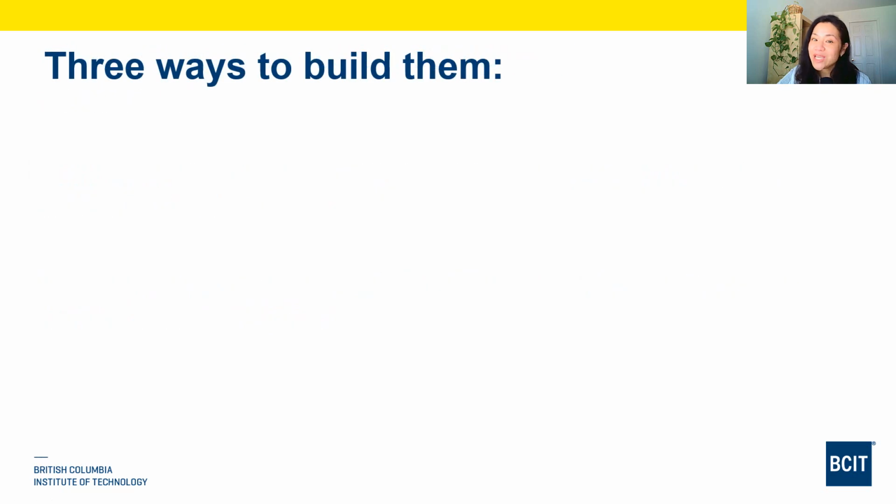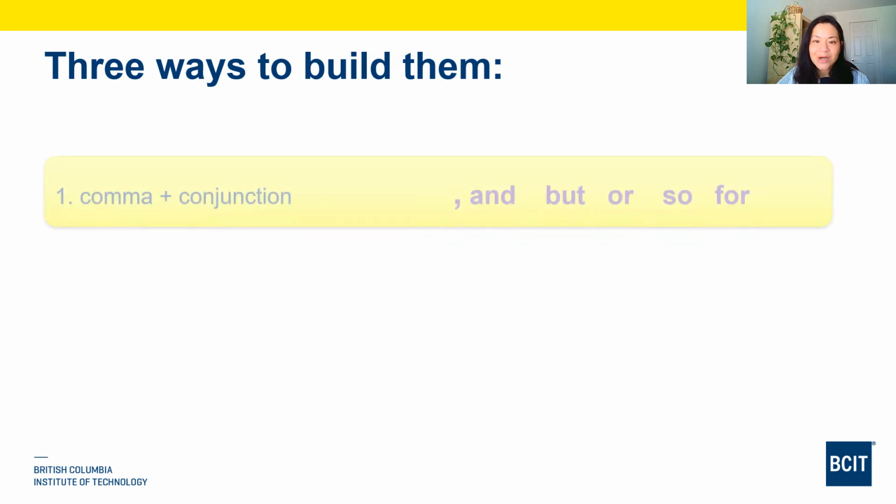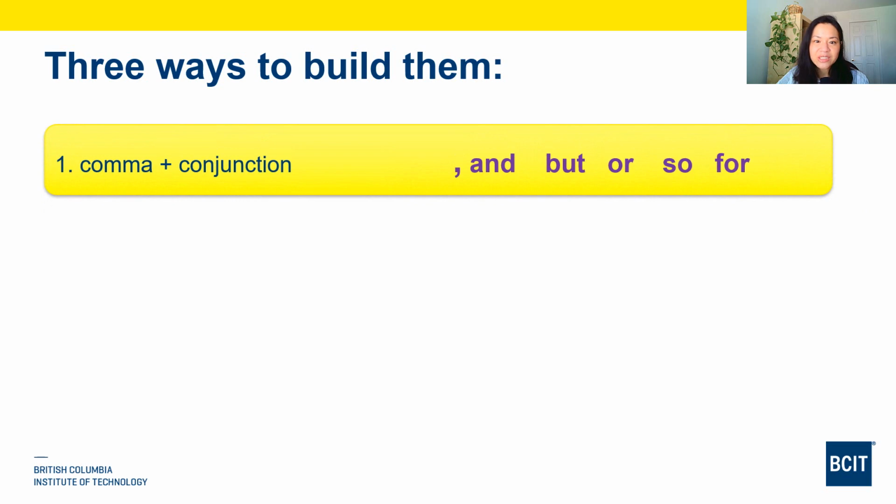We saw that there are three main ways to join together independent clauses to form a compound sentence. Two of the ways are very common. One is not so common. Can you remember what they are? The first way, as you saw, is by using a comma and a conjunction. So words like and, but, or so.